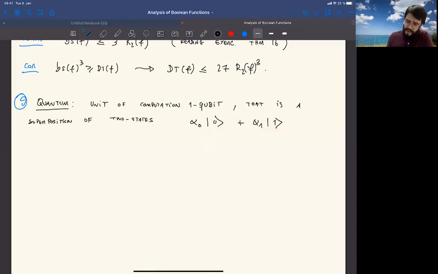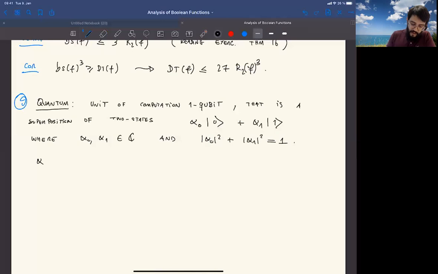And the important thing is that alpha 0 and alpha 1 are complex numbers, and their squared magnitudes add up to 1. This should be interpreted as the probability of seeing a state.